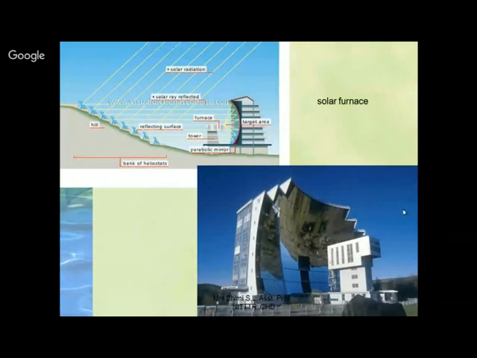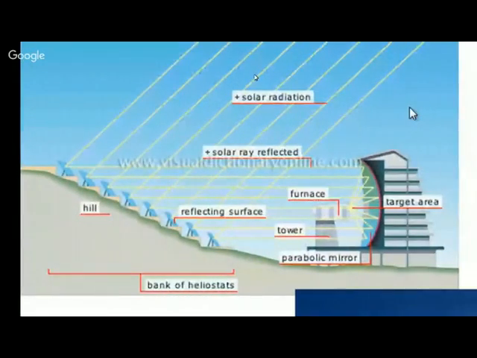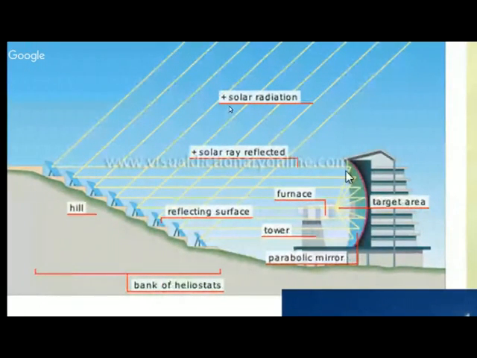This is a real-time picture of a solar furnace, and the other one here is a small solar furnace. I think you can see it clearly now. This solar furnace has a number of heliostats. These are the mirrors which are kept here. The solar light falls on them and gets reflected onto a concave surface, a parabolic mirror, which is concave in nature.